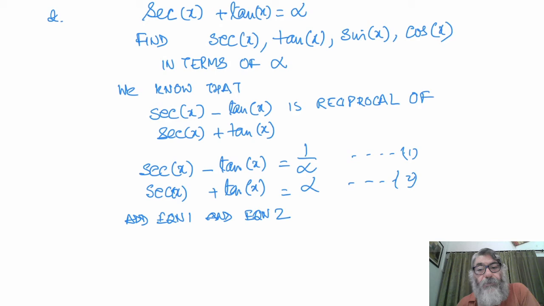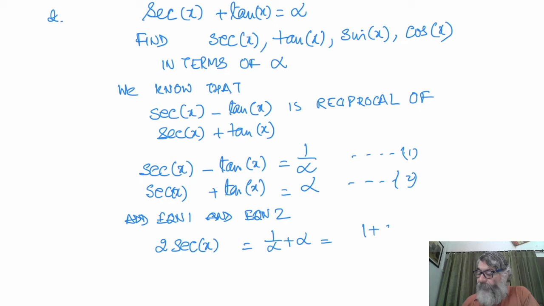If I add equation 1 and 2, I will get 2 sec x is equal to 1 upon alpha plus alpha. When you take the LCM, it will become 1 plus alpha square upon alpha. Or sec x will be 1 plus alpha square upon 2 alpha.